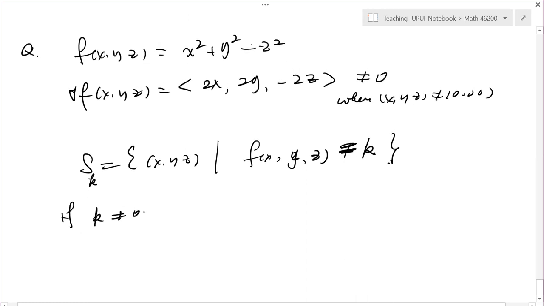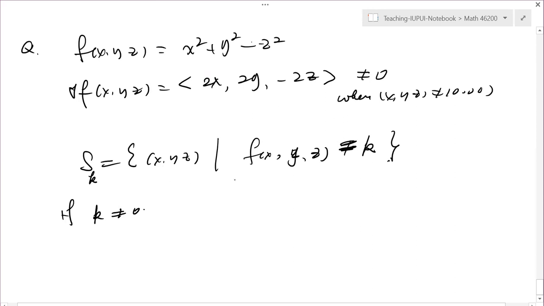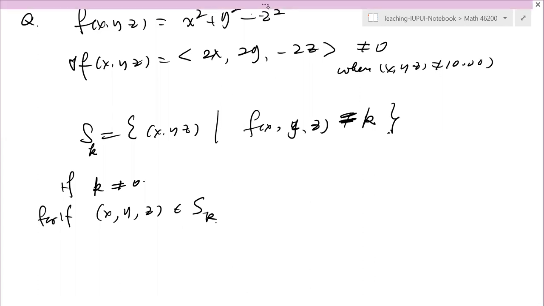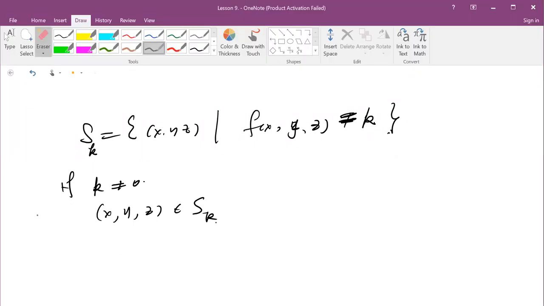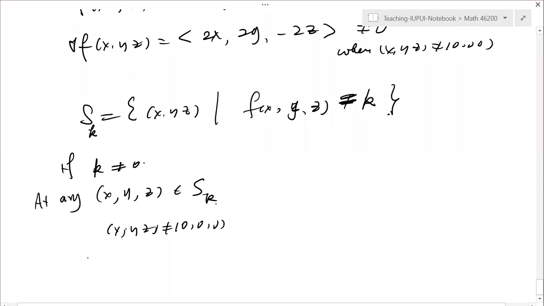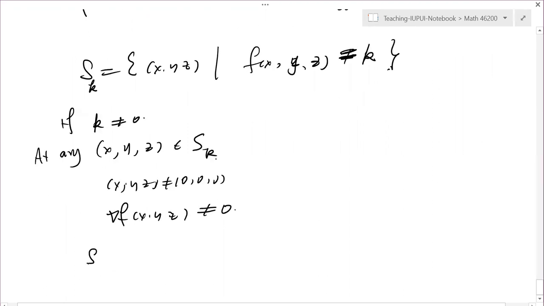Any point on the level surface cannot be the origin, because if it were the origin, then the value of f would be 0. So this implies the gradient of f is not the 0 vector. Therefore S_k is a smooth surface.